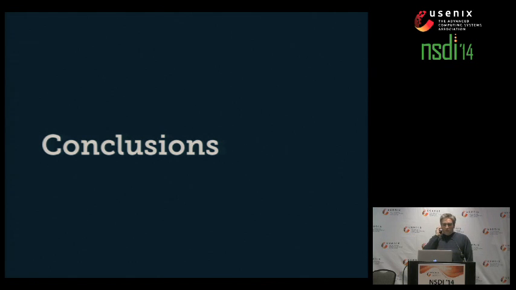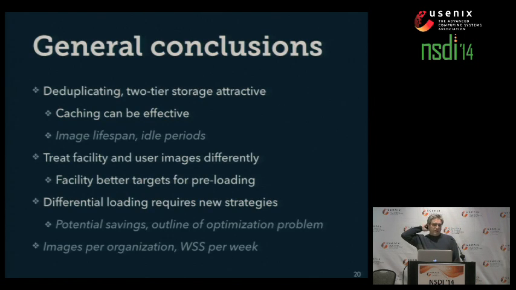So I'm going to wrap up with a couple of conclusions with an eye towards the operations of data centers and areas for future research in the design of disk imaging systems. So our general conclusions here are that deduplicating multi-tier storage is quite attractive because we have a large number of disk images, especially user images that aren't used in a particular day, and we can store those in slower storage and cache the daily working set in a smaller, faster storage system.